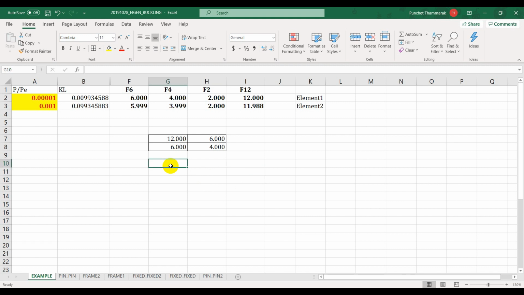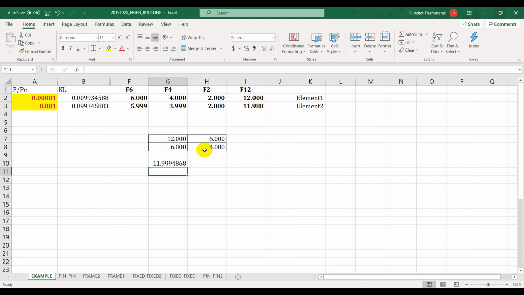We enforce the boundary condition at the base using row and column elimination. So they are all gone. We keep only the movable points. And here is the determinant of this matrix.